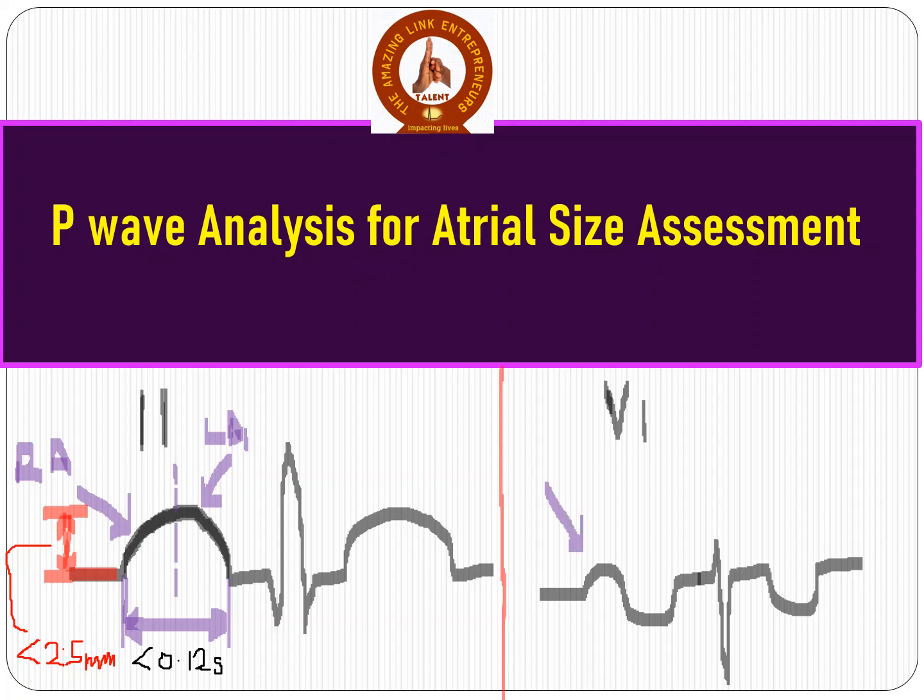The initial deflection is the right atrial wave. Then the terminal portion of this deflection is the left atrial wave. And as such, we could say that V1 enables us to separate the right atrium from the left atrium.